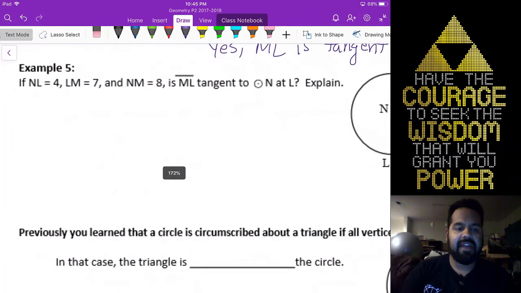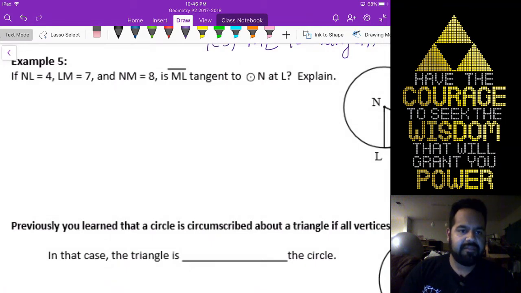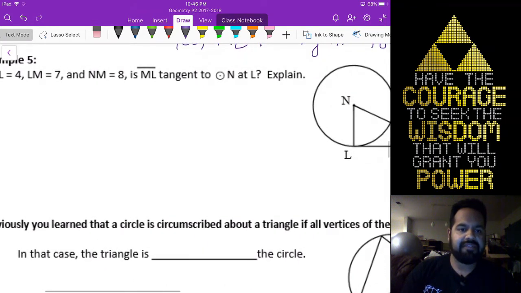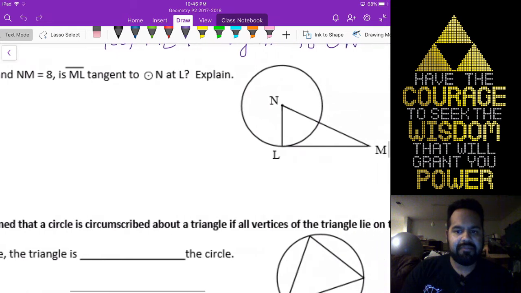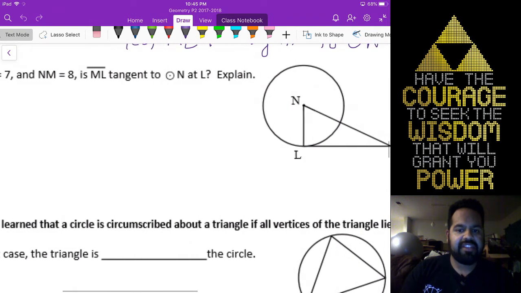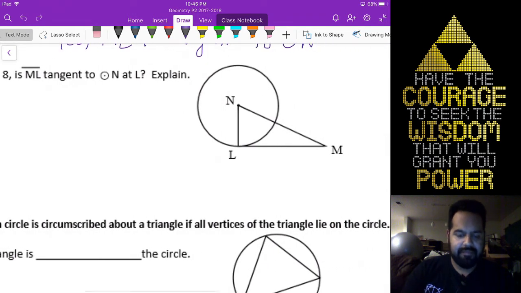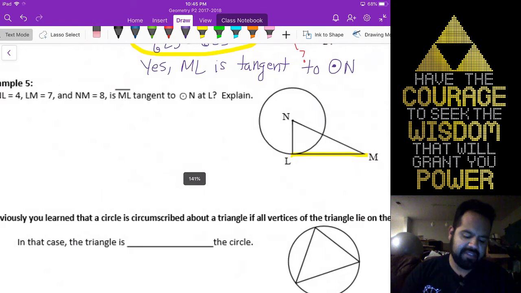Now on example 5, NL equals 4, LM equals 7, NM equals 8. So we're going to check if this line is tangent to N. So let's see here. We have our 4, we have our 7, NM is 8.